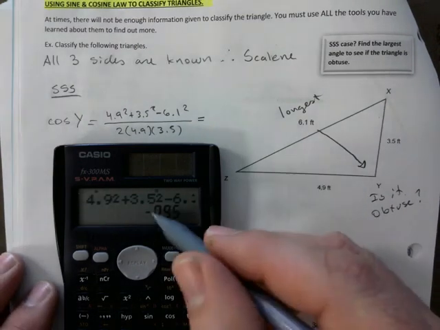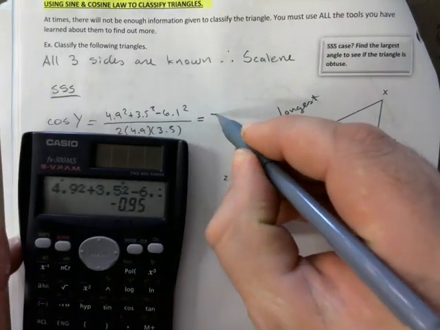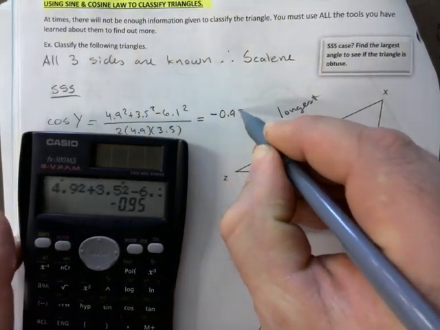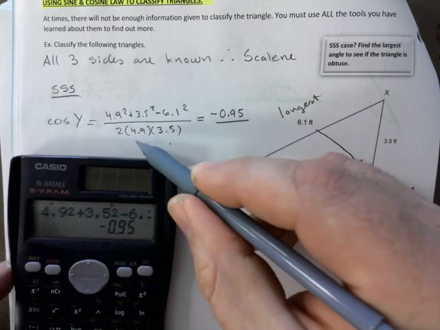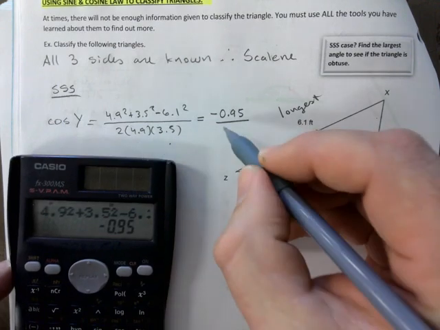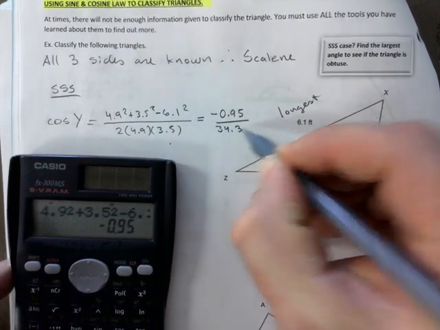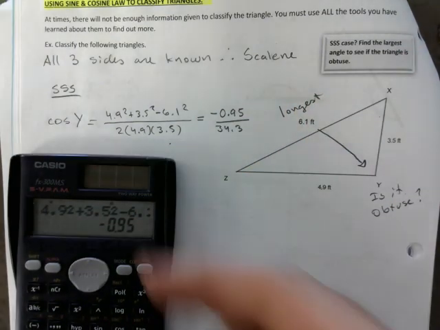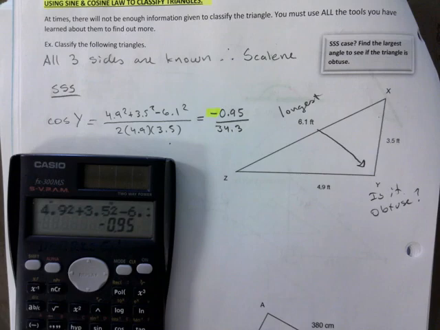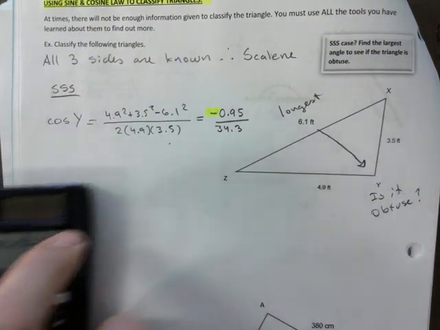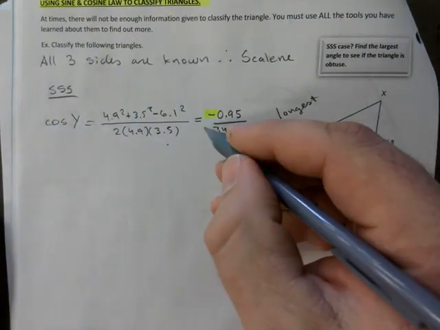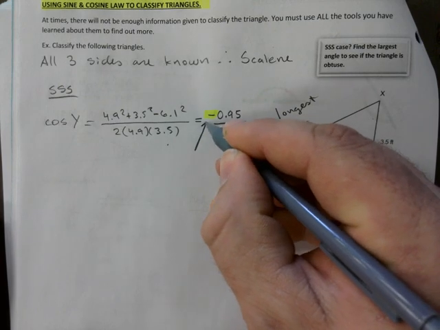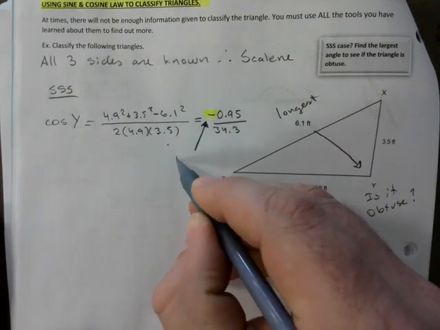You see that negative? What does that mean? The bottom, if you go 2 times that, that is 34.3. It's going to be obtuse, guys, because of this. This right here, we can stop here. You're allowed to stop there because you're showing me you understand, right?